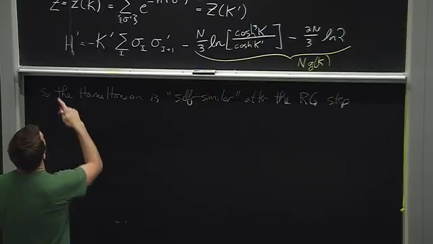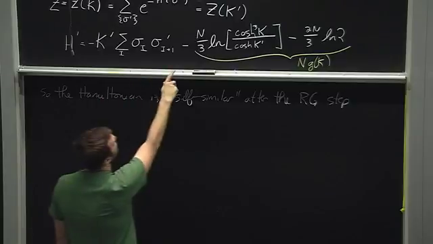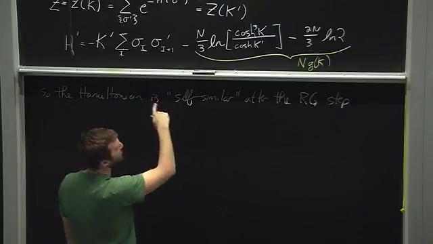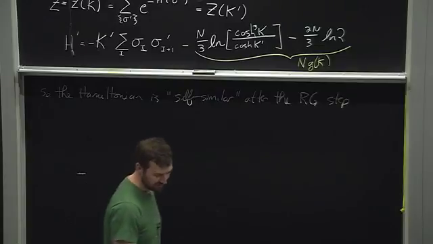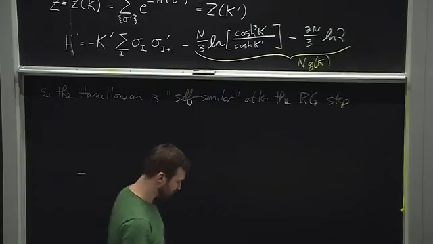So we've done K to K prime. We could do K prime to K double prime, and K double prime to K triple prime, and so on.